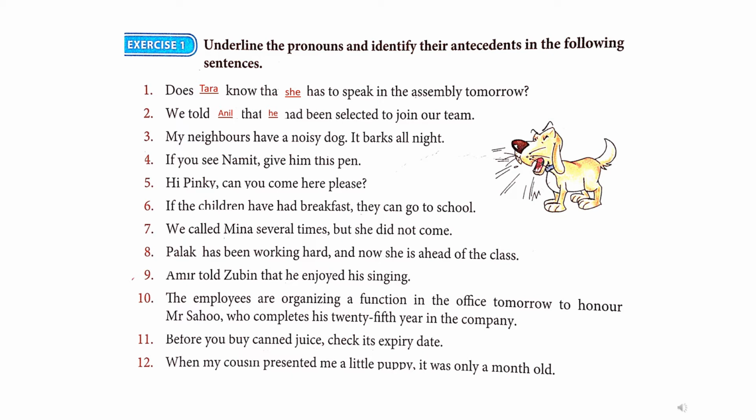In this sentence, he is the pronoun. The noun that the pronoun shows is Anil. So Anil is the antecedent. In the same way, you have to underline all the remaining pronouns first, then find out their antecedent. Remember, antecedent is always a noun.